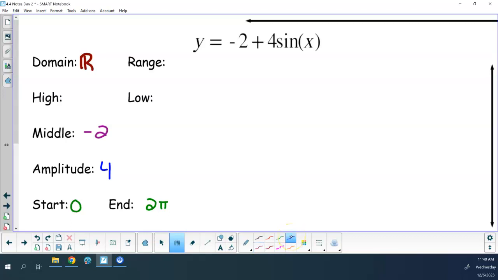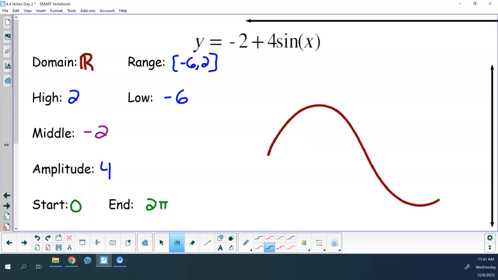So if my middle is at -2 and my amplitude is 4, that means my high value is +2 and my low value is -6, which would give me a range from there to there. +4 on my amplitude tells me it's a normal sine curve.